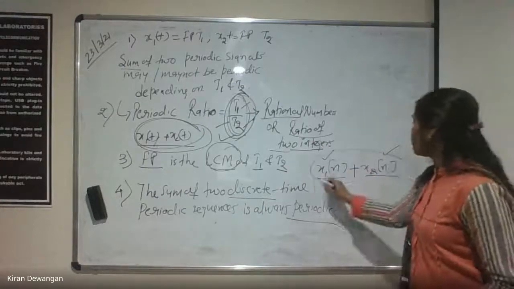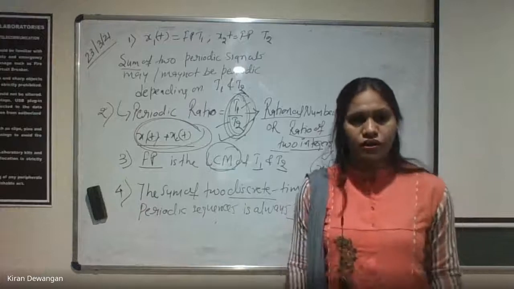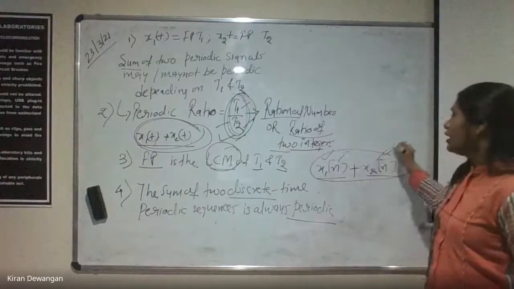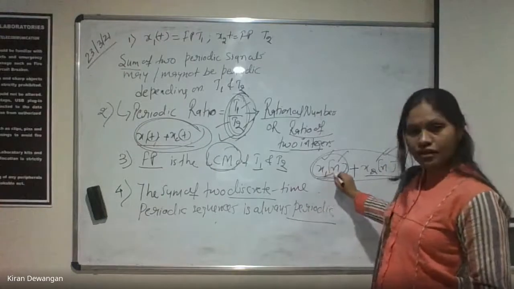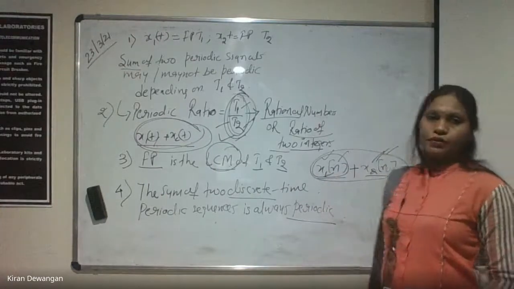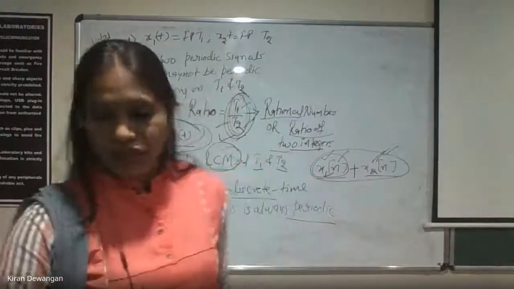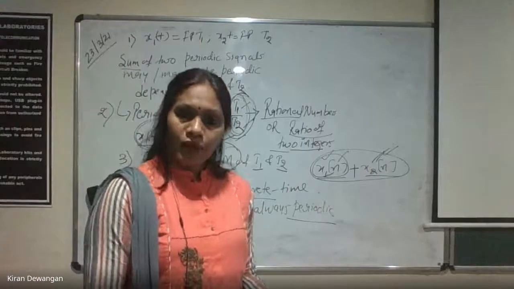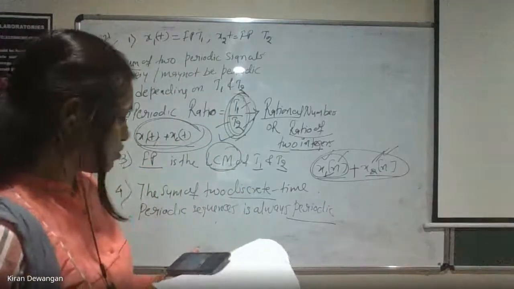We don't have to check any conditions. कोई conditions को check करने की जरूरत नहीं है. We can directly declare it, given that both sequences are periodic. ठीक है, तो periodic sequences है already, और अगर उनका summation ले रहे हैं हम तो वो आपका periodic ही होगा. ठीक है, now let us do one question based on this.